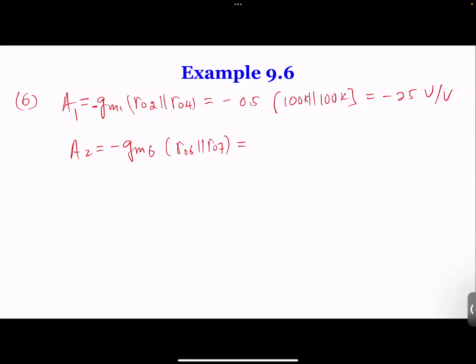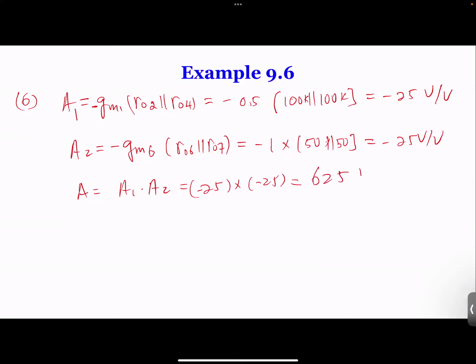So that gives you minus 1 times 50K in parallel with 50K, which gives you also minus 25 volt per volt. So your A equals A1 times A2, which is minus 25 times minus 25, giving you 625 volt per volt.